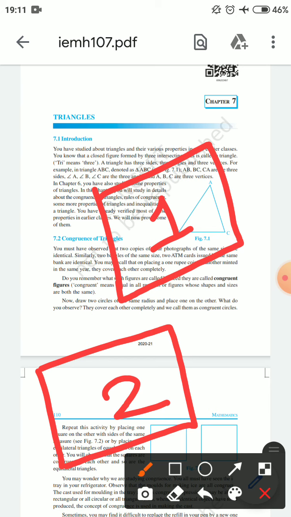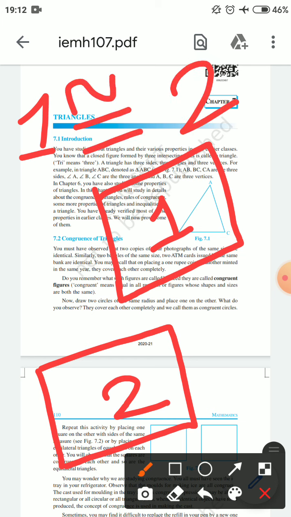So if they overlap each other, I can say that square 1 is congruent to square 2. This is the sign of congruency. This one is the sign for congruency of two figures.